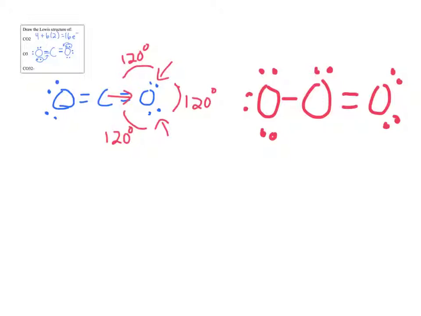All right, next up with my CO3 2 minus, I have 24 electrons available. So I'll make my oxygen and my carbons. And that is completely backwards, and I have no idea what I was doing starting that. Let's delete that.